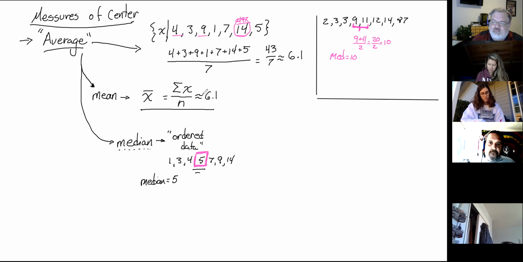So because the mean cares so much about the values, weird values can throw it off. For example, Darby's question brought up this other set. If we found the mean of this other set, this 87, it kind of stood out, didn't it, when I wrote them out? Especially since it looks like a 27. Well, okay, I'm still getting used to writing on this board. But that 87 should have stood out.